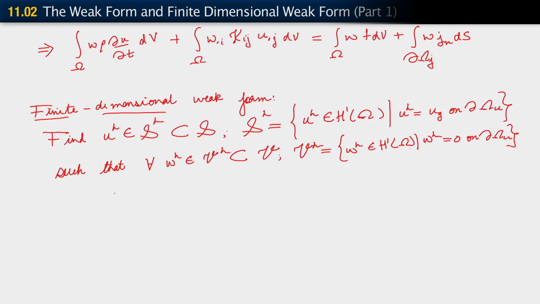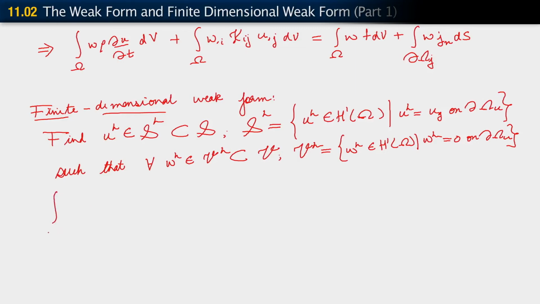Okay. Now, for all w^h belonging to V^h, the above weak form should hold, except that every function that is obtained from either W or u is replaced with the finite dimensional version of it.